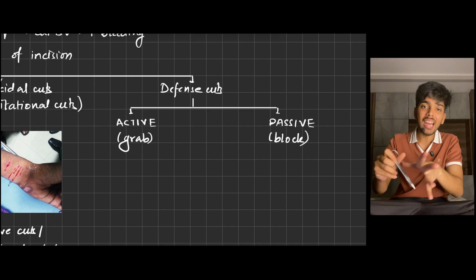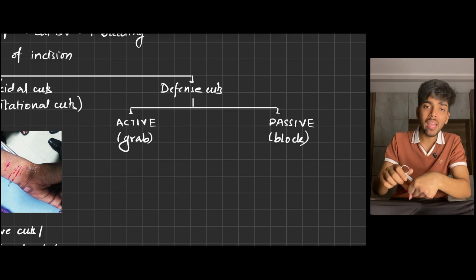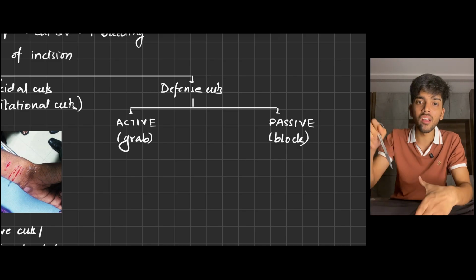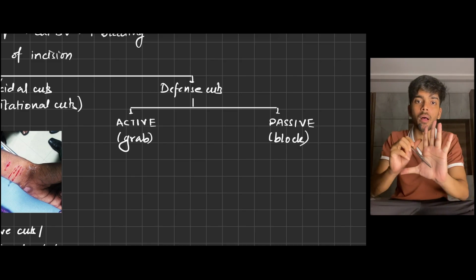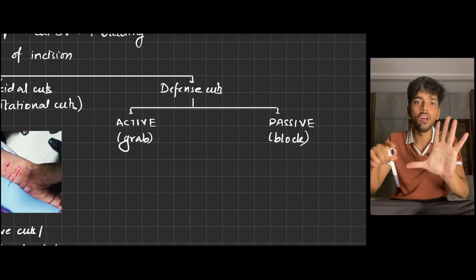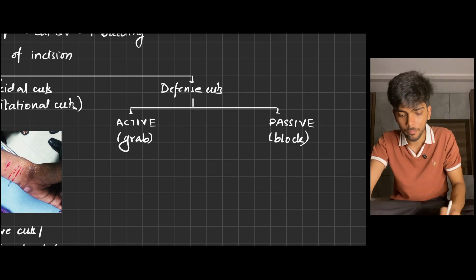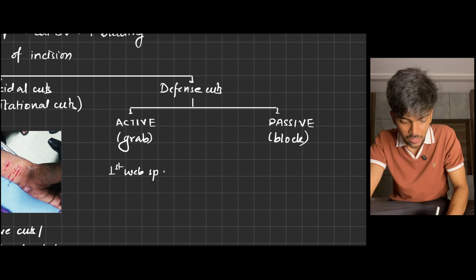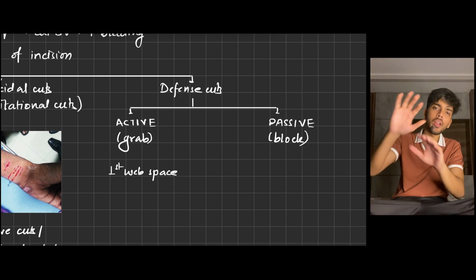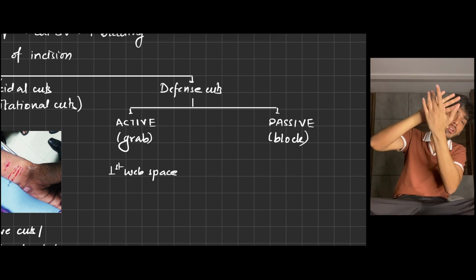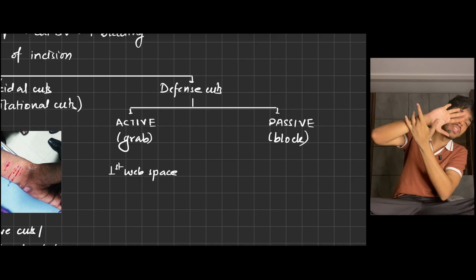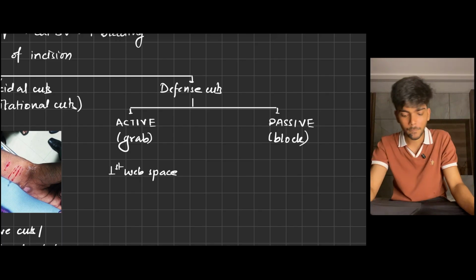When you actively grab the weapon, the sharp edge of the weapon will go and cut in the first web space of your palm. So it's seen in the first web space. In passive, when you try to block, the cuts are going to be over the fingers, over the palm, or over the ulnar border of the hand.